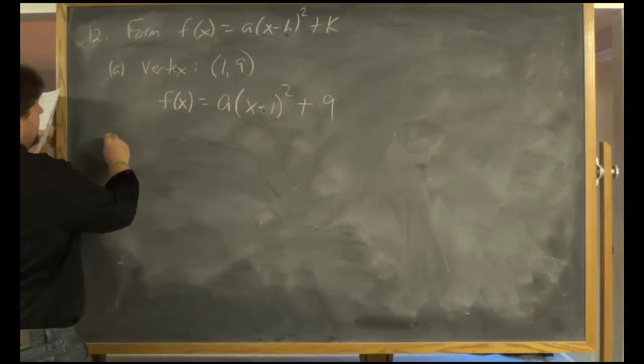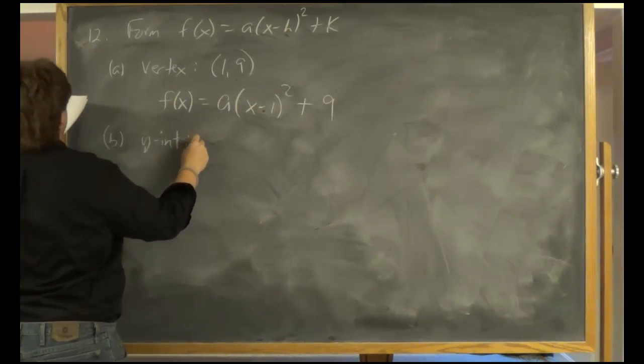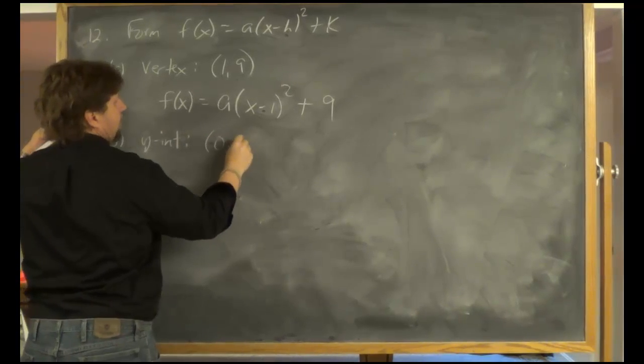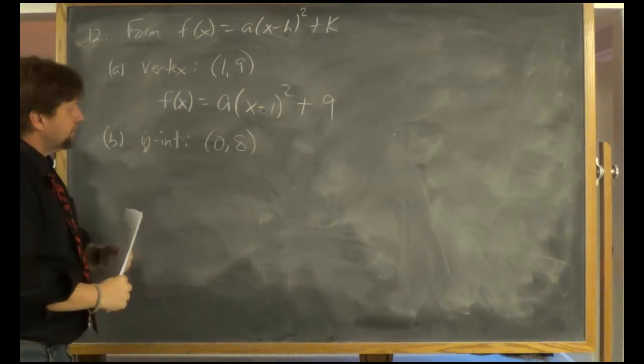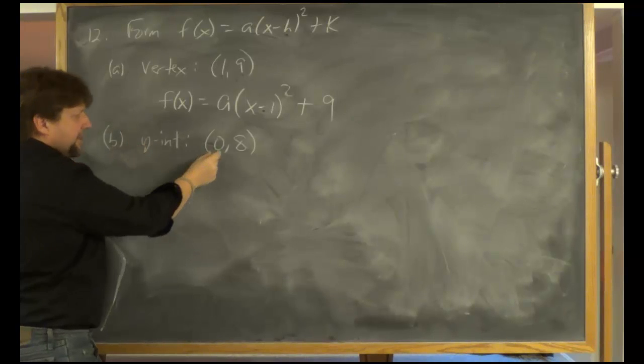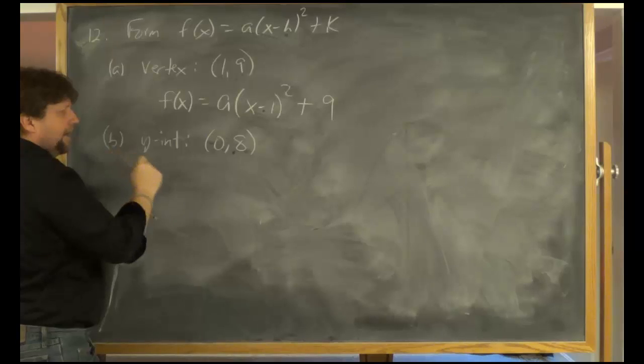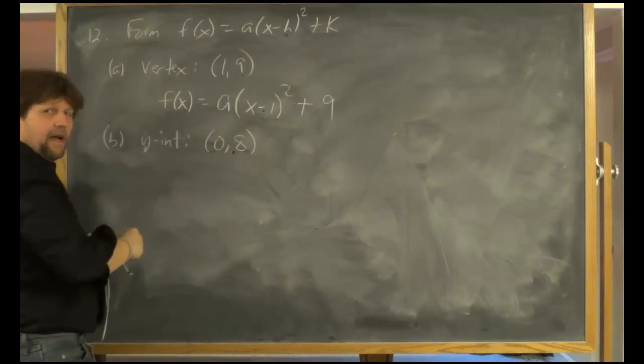Now part B, I said use the coordinates of the y-intercept to actually determine this value of a. So in part B, since I told you the y-intercept was (0, 8), to determine the value of a, all I have to remember, this is x, this is y. So I put 8 in here for y, I put 0 in here for x.